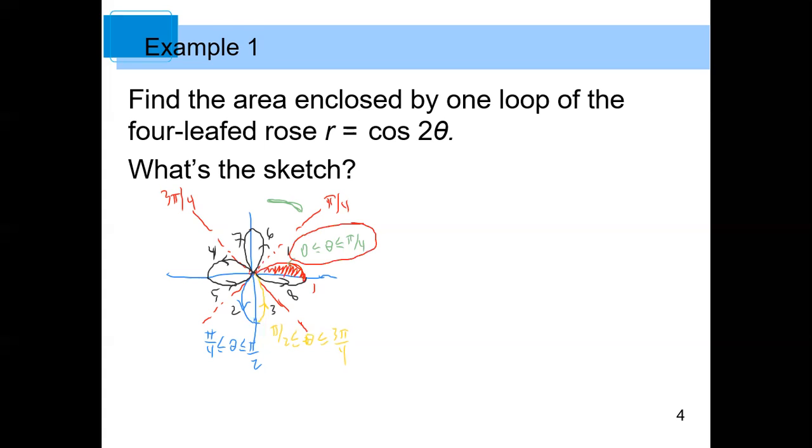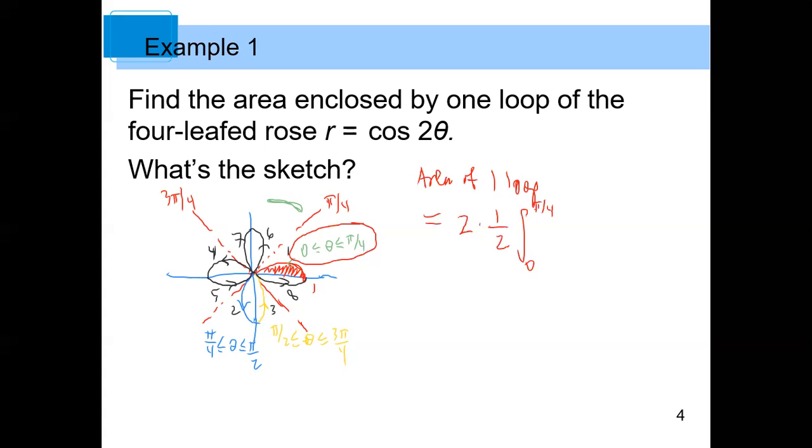Okay, and look, so that area, let me just say area of one loop is equal to, I'm going to have to double this. It's going to be 2 times 1/2 times the integral from where to where? What are the bounds for the angle? 0 to 45 degrees.